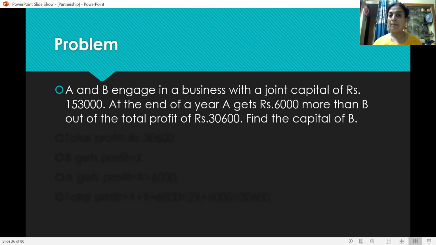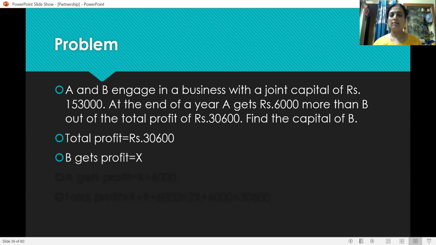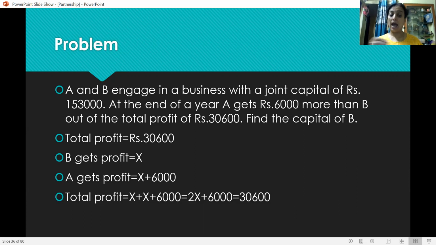So let us keep B's profit as X, because we don't know that. If we treat it as X, then A gets 6,000 more, that is X plus 6,000. So now the equation is X, that is B's share, and A's share X plus 6,000, combined that is 2X plus 6,000, which equals the total profit, that is 30,600.